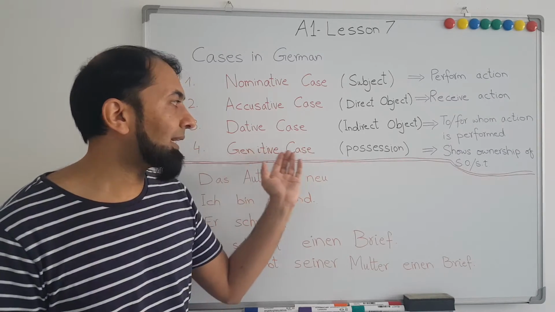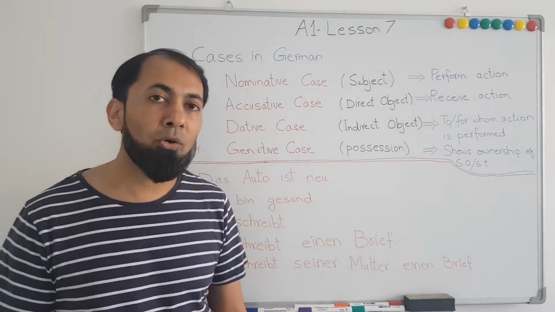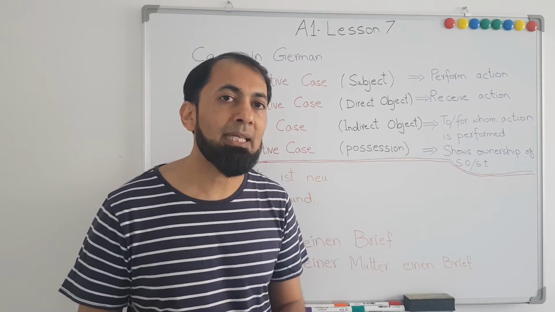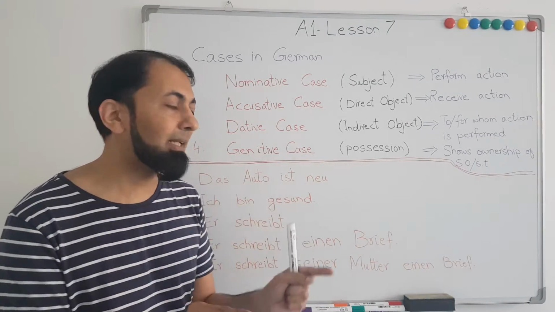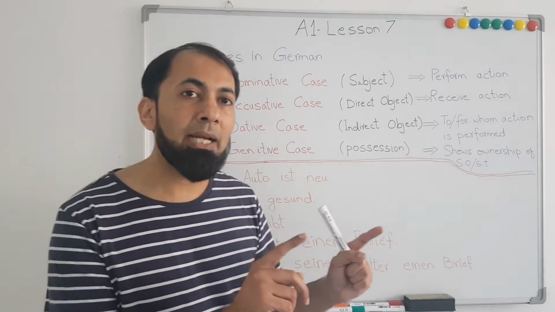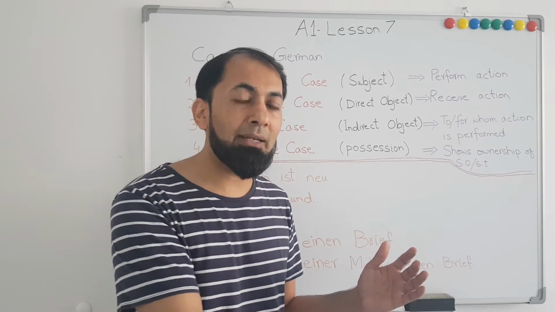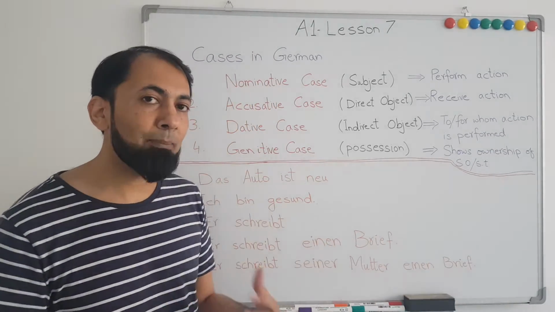Now next is the genitive case, which shows possession or ownership. Where we are mentioning ownership in the sentence, like the entrance of the house. The house has an entrance, and the entrance belongs to the house, therefore it is showing a possession.